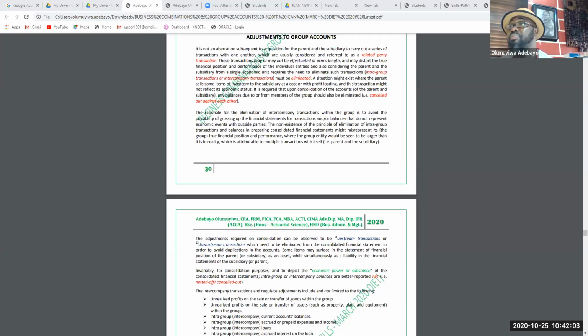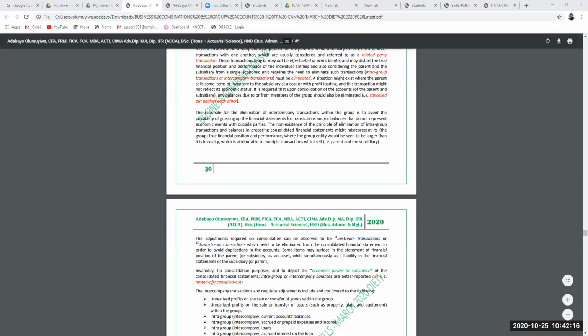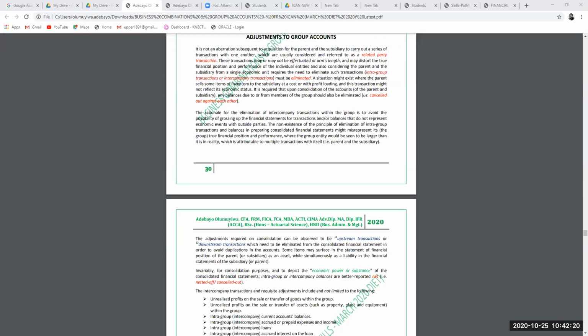Daniel. Yes, sir. I just want you to clarify the issue of unrealized profits on the issue of transfer of goods between the parent and the subsidiary. I still don't understand how the rationale behind it works. Yeah, we are going to look at it. You know, what we gave is a background information about all of these adjustments, okay?